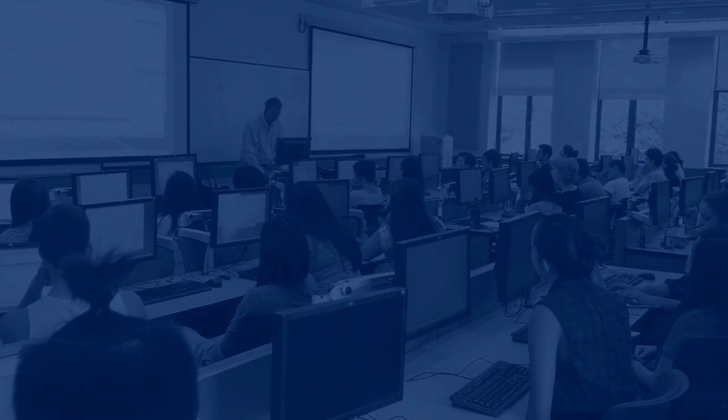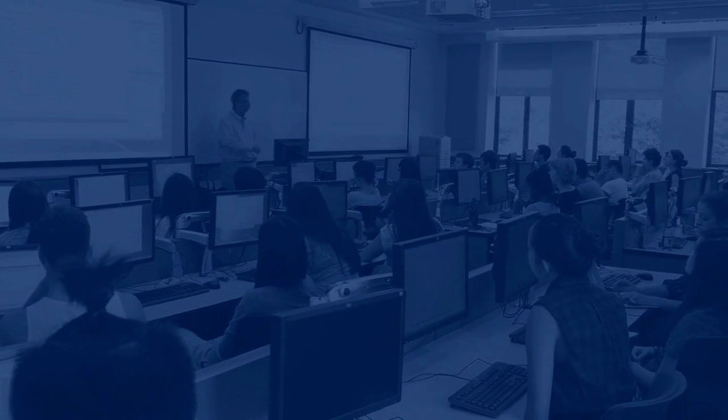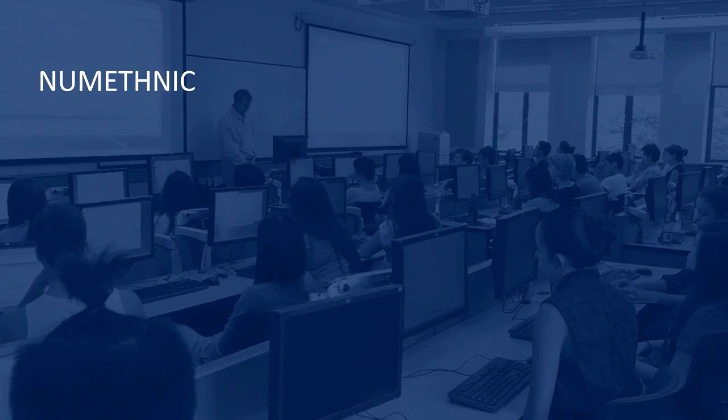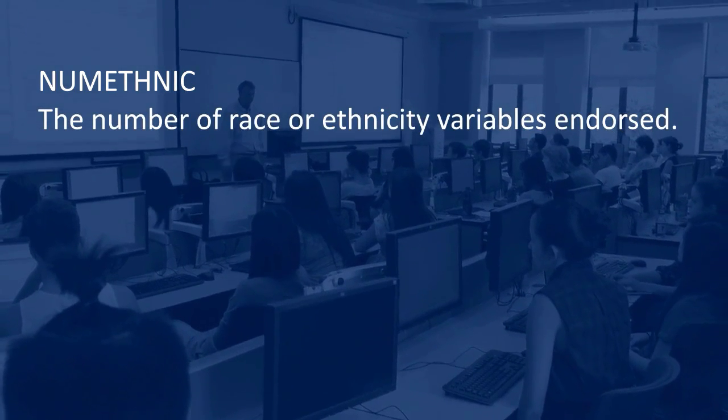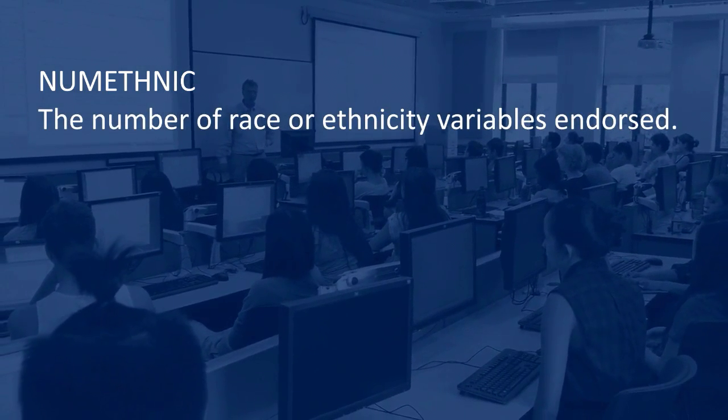To accomplish this, the first thing to do is sum the variables to get a new variable, which we'll call numEthnic. That indicates the number of race or ethnicity variables that were endorsed.